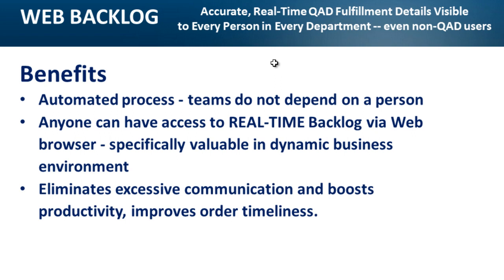And then allows people to communicate across departments, right? So update the statuses and then reach different goals, etc. Also eliminates excessive communication and boosts productivity and improves order timeliness, right? So that concludes my quick demonstration of the web backlog. And with that, I'm giving control back to Denise.